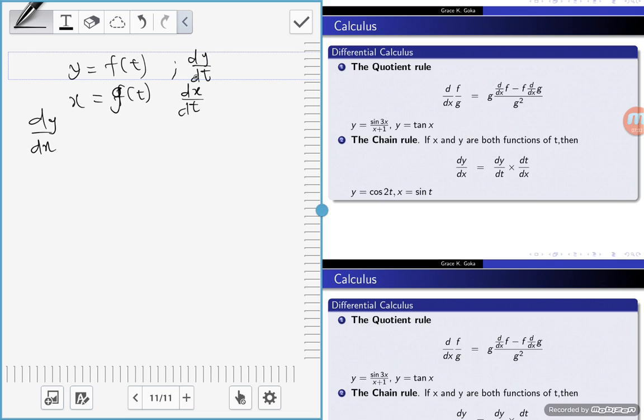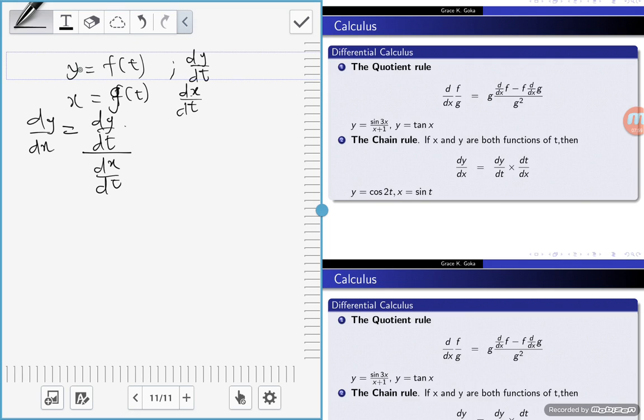How do I manipulate these two terms to get dy dx? Okay, what I have is dy dt. What operator do I need to bring here in order to get dy dx? It is dy. So if this is giving me dy, then it means what I will get from dx is divided by dx dt.